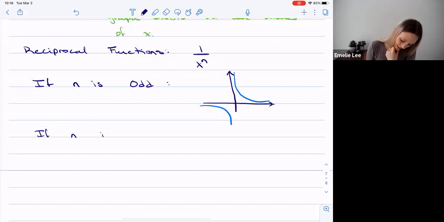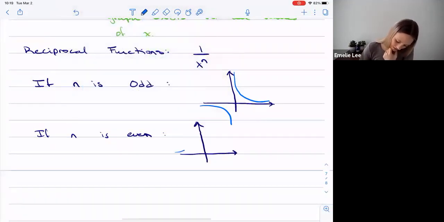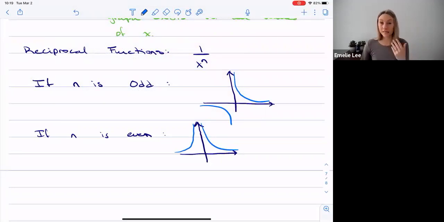And if n is even, then what's it going to look like? Then it's going to look like something like that in general, right?